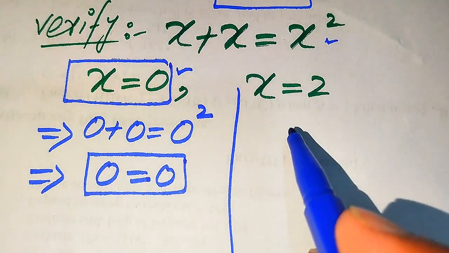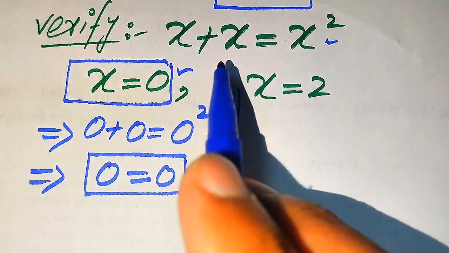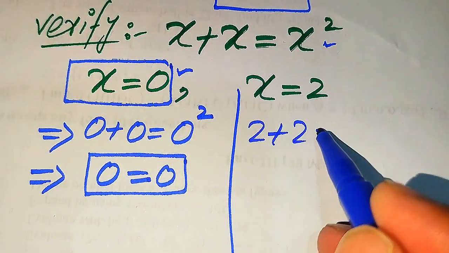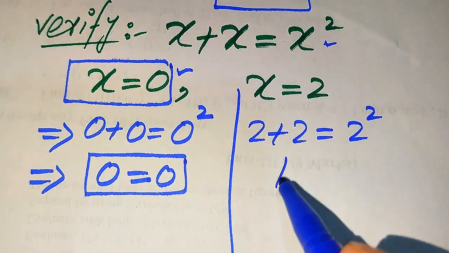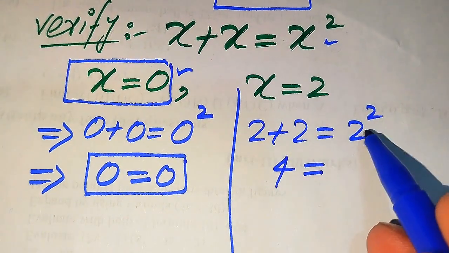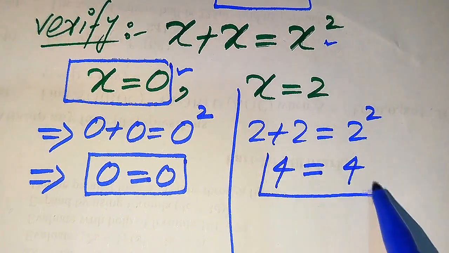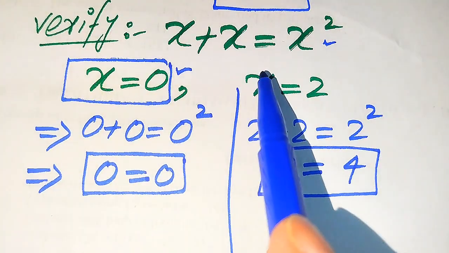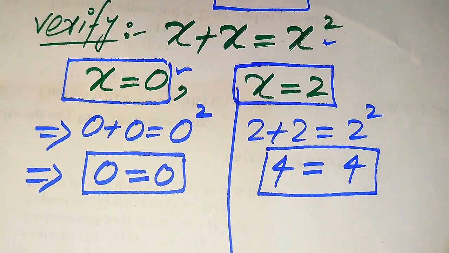Now we move towards the second root and verify this value. We put this value of x on both sides, and it is written as 2 plus 2 is equal to 2 square. 2 plus 2 becomes 4, and 2 square is also equal to 4. This also shows that x is equal to 2 satisfies the given equation.